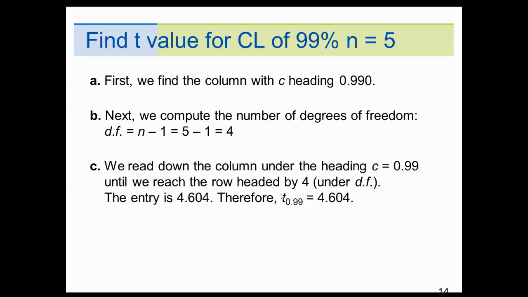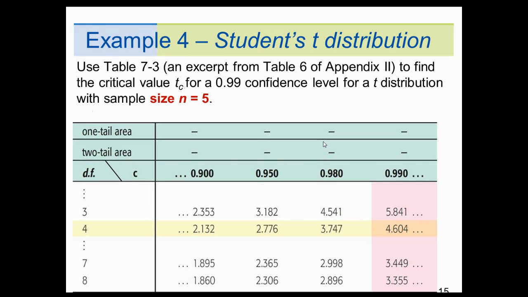And then we read the value, the t-score in this case, 4.604. There it is, 99% confidence level, and then there's my degrees of freedom, 4. Where this column and this row intersect, we read 4.604.